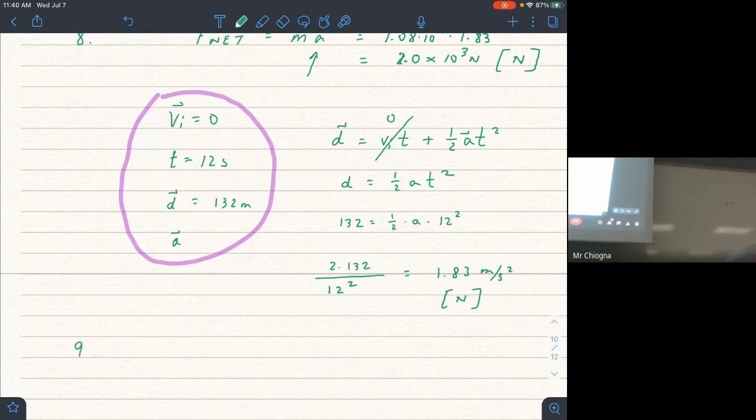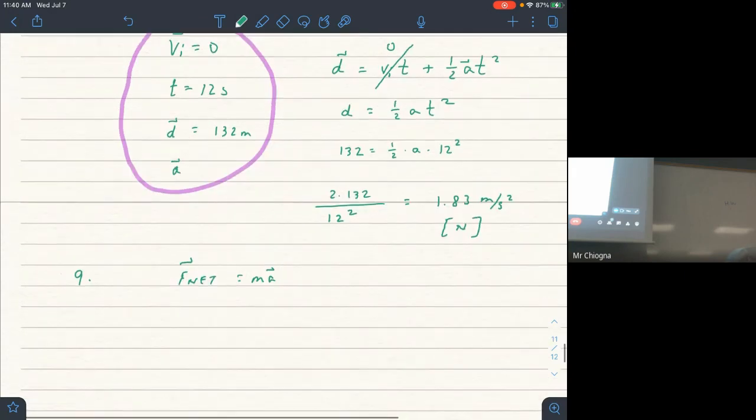Number 9. Read it through. I'll go through a little faster. It's going to be east.